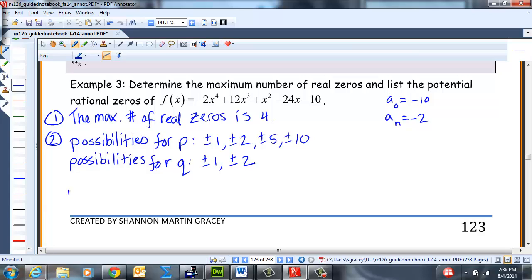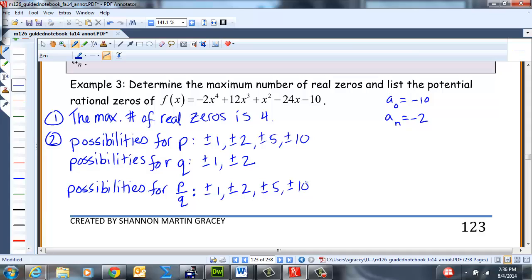So possibilities for p divided by q without repeating any factors would be, so let's go through and start with all the possibilities for p divided by plus or minus 1, which will give us plus or minus 1, plus or minus 2, plus or minus 5, and plus or minus 10.